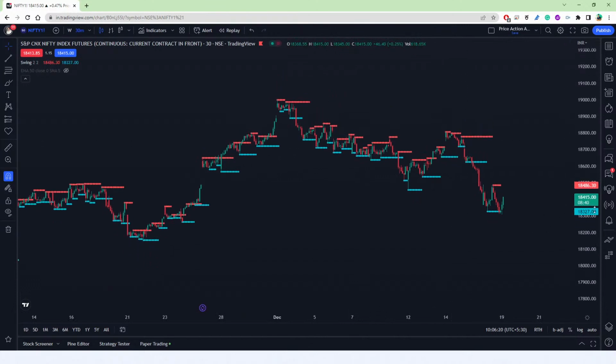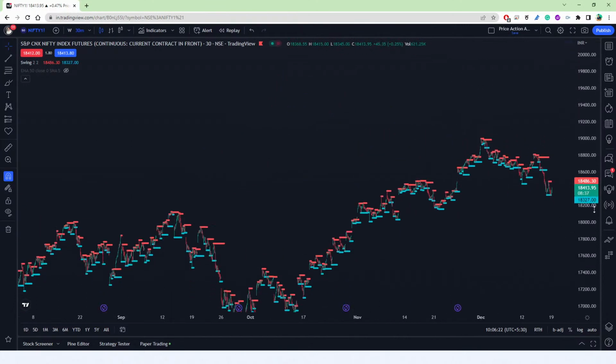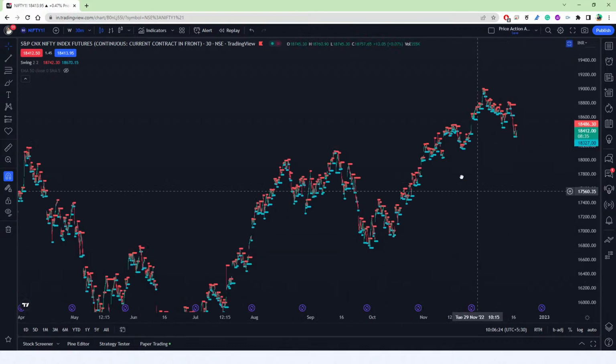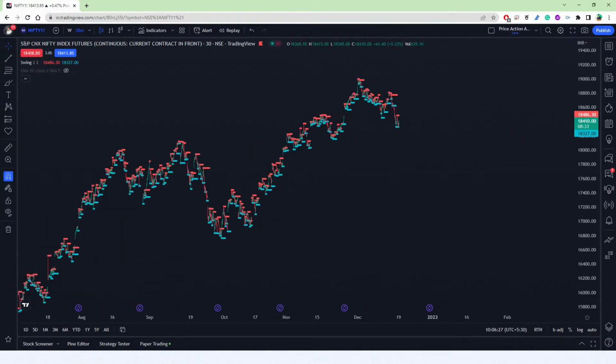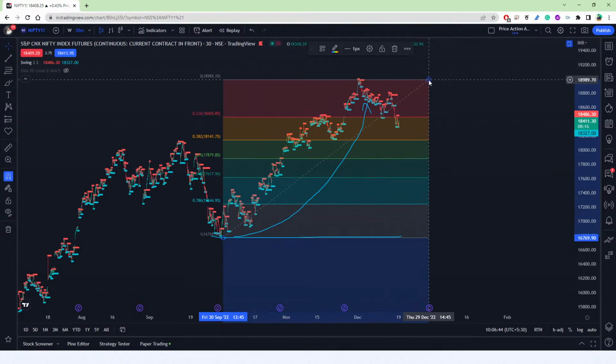As we already know, on a broader picture, if I zoom out the chart, the market is trying to move in the upward direction. If you draw the Fibonacci retracement for this entire trend, we are somewhere between 0.38 and 0.236. That is the percentage level we're dealing with.